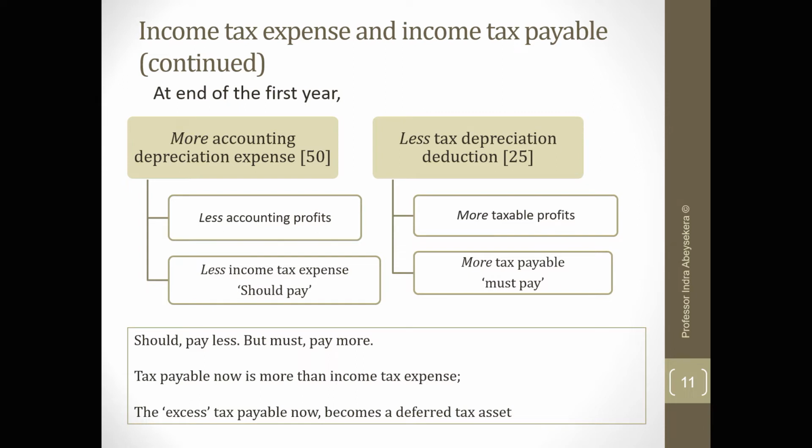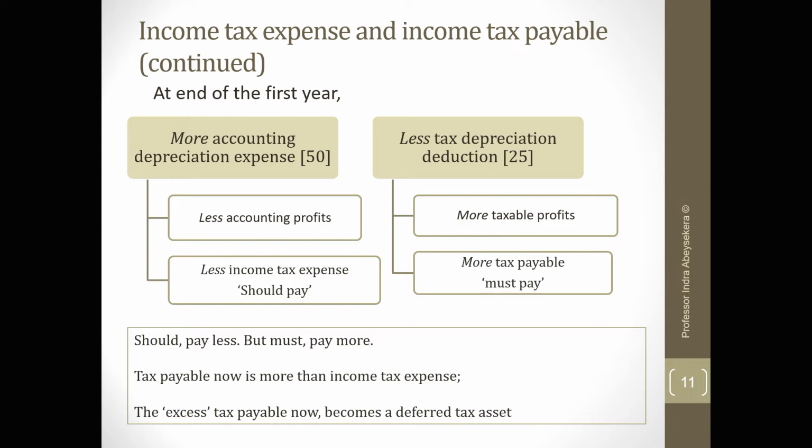So what we have is there's more accounting expense and there's less tax expense. When there's more expense, there's less accounting profit. When there's less accounting profit, there's less income tax expense, or should be paid. And when it comes to the tax side, there's less tax deduction, less depreciation deduction.